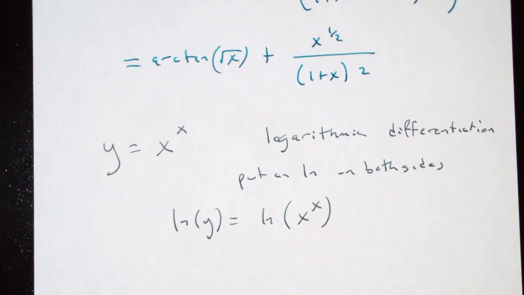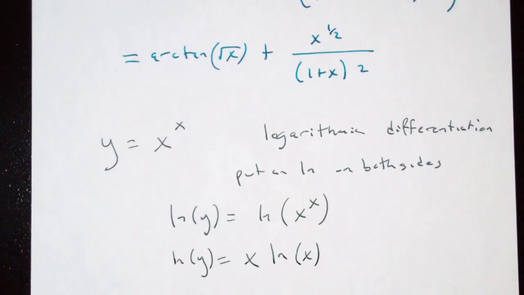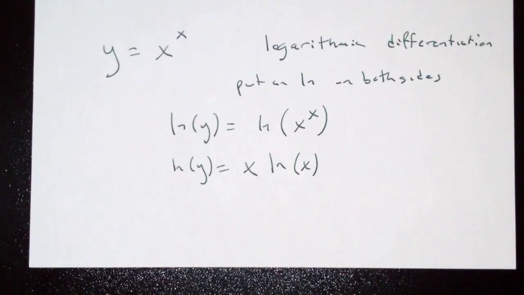I can bring it to the front. And that leaves on the inside just an x. Hey, wait a minute. This right-hand side is a product. If I want to take the derivative now, take the derivative on the left and the derivative on the right, I know how to do that now.